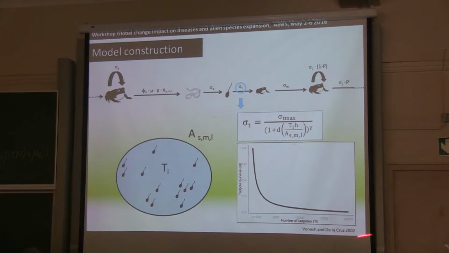When the number of tadpoles is very low, their survival is very high. Conversely, when the number of tadpoles is very high, their survival is very low. This is happening because all these tadpoles are feeding on the surface of the water, and they are competing for the same resources. They are feeding on algae, so the number of tadpoles and the area of the pond are shaping their survival.